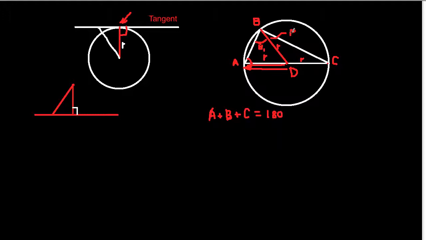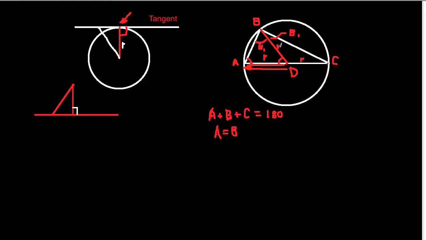So I know that A plus B1 plus this angle right in here is 180 degrees. However, I know that angle A must equal angle B1 because those are two opposite angles in an isosceles triangle. So I'm going to say that angle A equals angle B1.